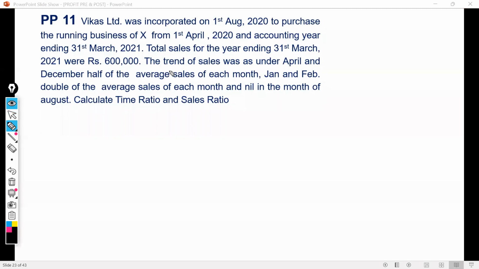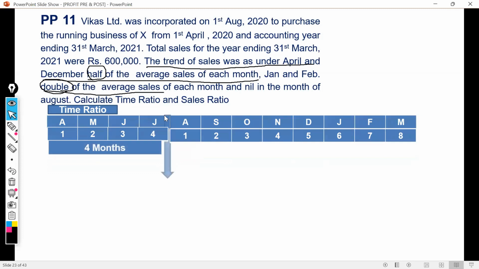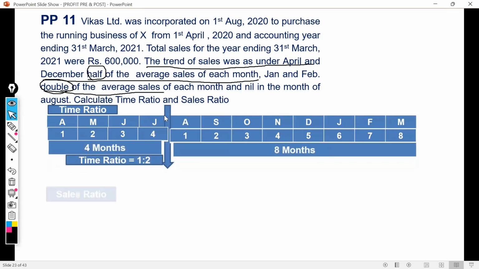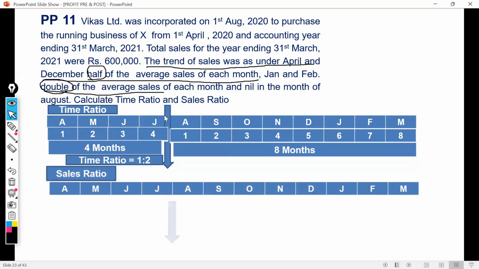Means according to the question we solve our problem related to sales ratio, and double of the average and half of the average and double of the average.